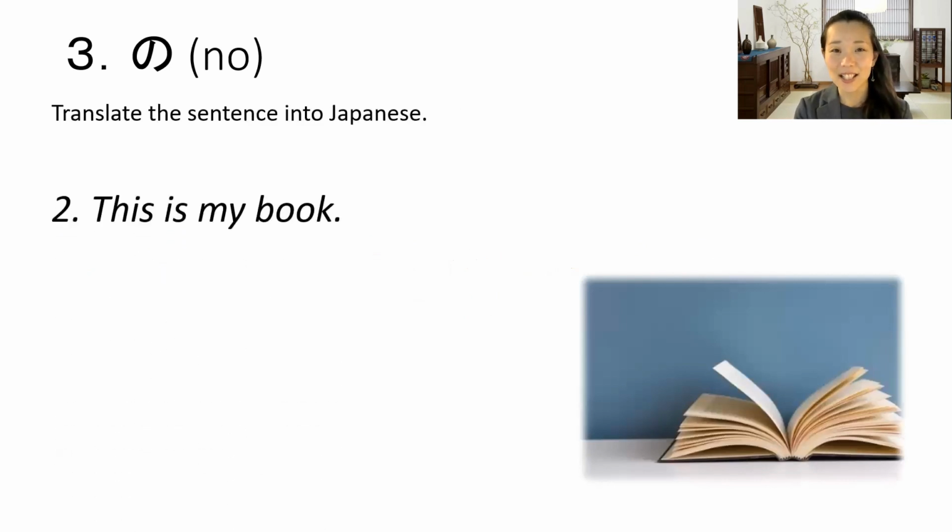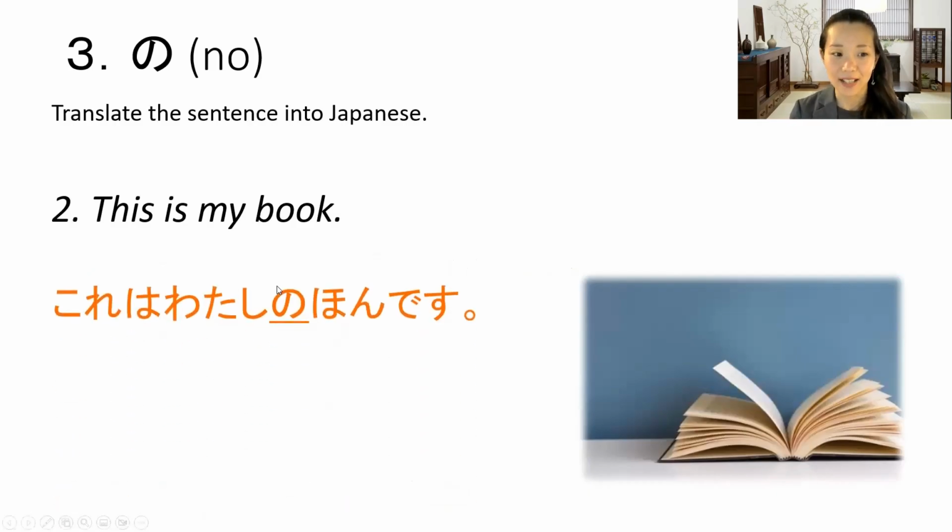Number 2. How would you say, this is my book? Let's check the answer. You can start with これは. Then 私の. Here, の also means who owns what.